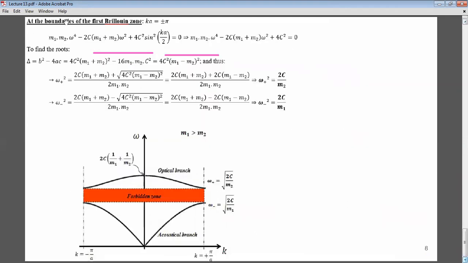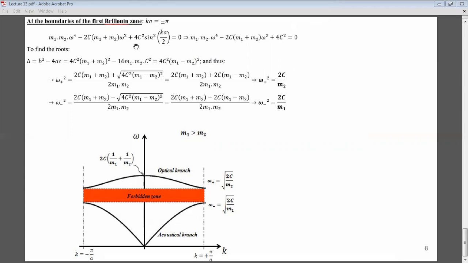And finally, what is happening at the Brillouin zone? The Brillouin zone is when ka is equal to plus or minus pi. So we go back to our equation: m1 m2 omega to the 4 minus 2c into (m1 plus m2) omega squared plus 4c squared sine squared of ka over 2. Instead of ka over 2, I'm going to put pi over 2.